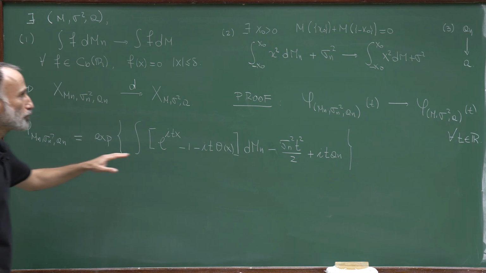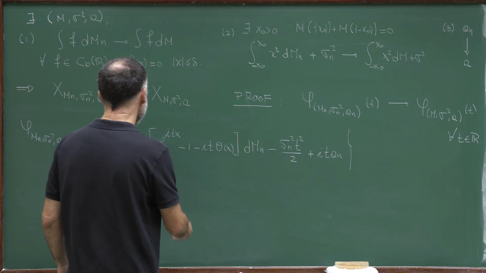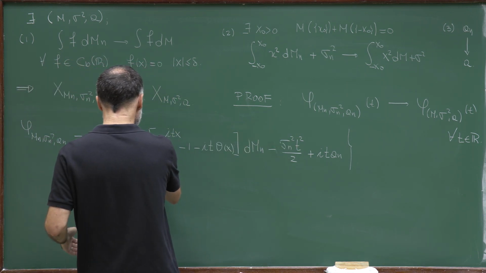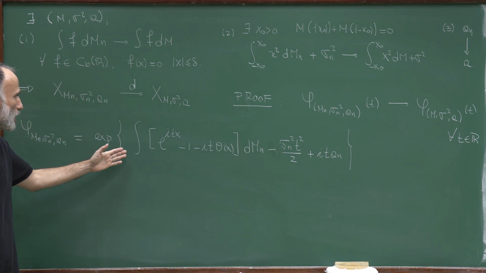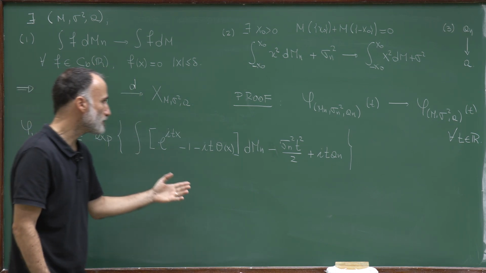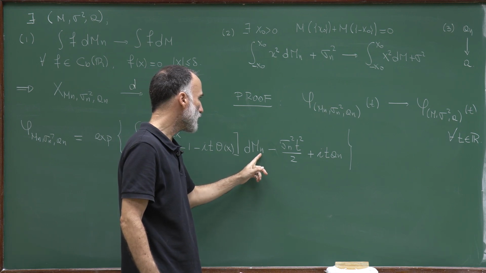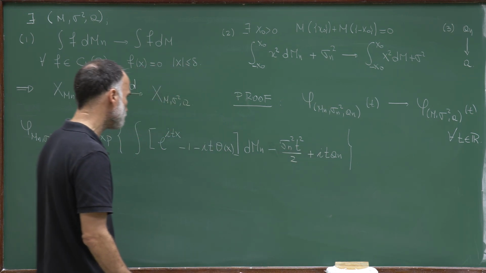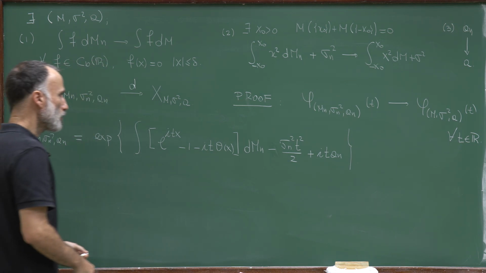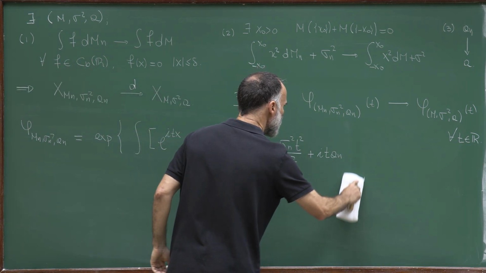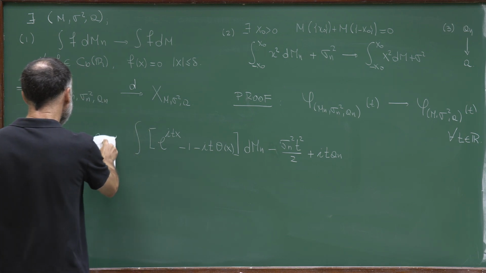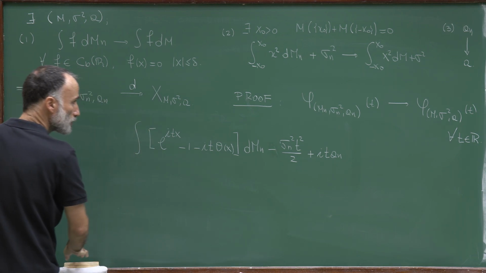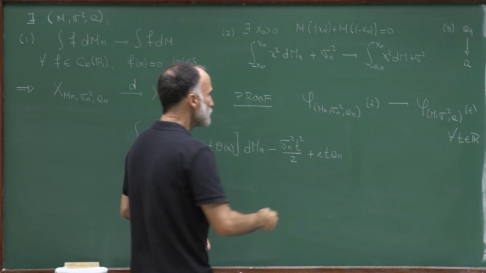Therefore, if you want to prove this convergence, what we need to show is that the expression inside the curly braces converges to the same expression in which I replace mn, sigma n and an by m, sigma and a. So what we need to prove is that for all t, this expression converges.